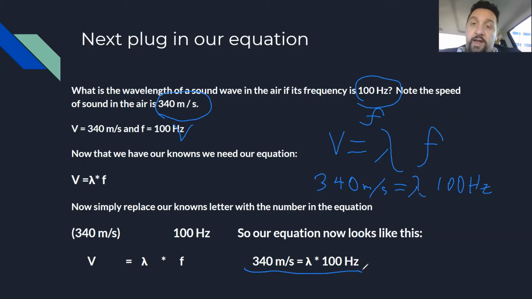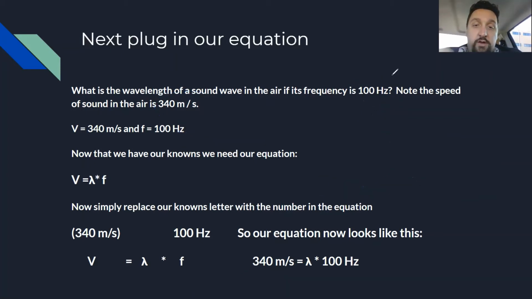So let's go ahead and rewrite it neatly. 340 meters per second is equal to lambda times 100 hertz. Now our letter in this case is lambda. See how we have our 340 meters per second on one side, the equal sign, and then on the right side, we have lambda times 100 hertz.